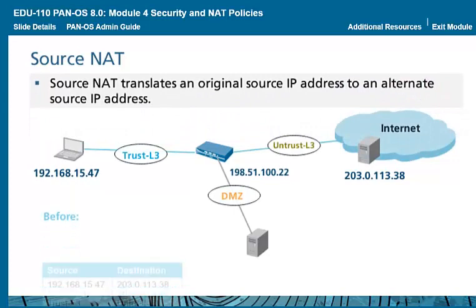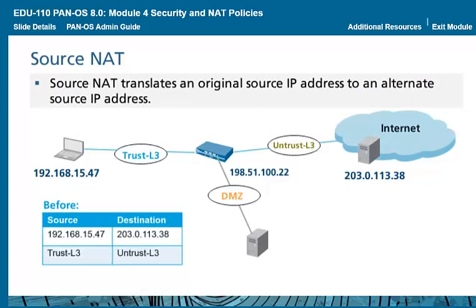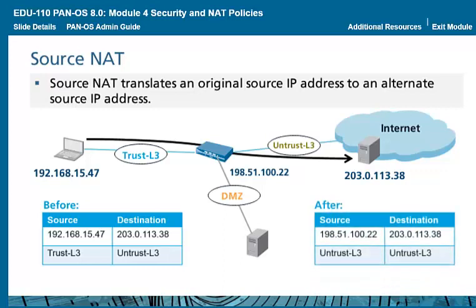A host residing at 192.168.15.47 on the private network needs to access a service residing at 203.0.113.38 on the public Internet. The firewall receives the host traffic on the Trust L3 interface and forwards it on the Untrust L3 interface, replacing the original source IP of the packet with the configured Untrust L3 interface IP of the firewall.